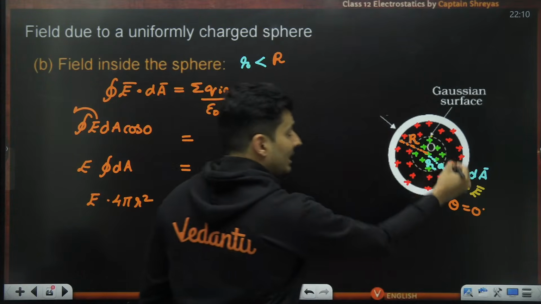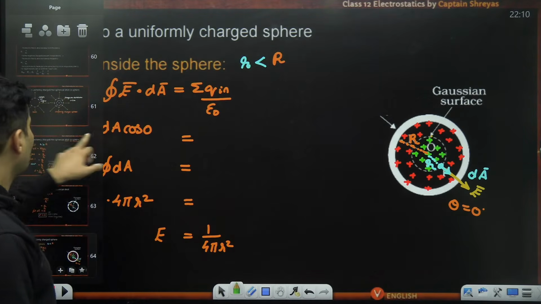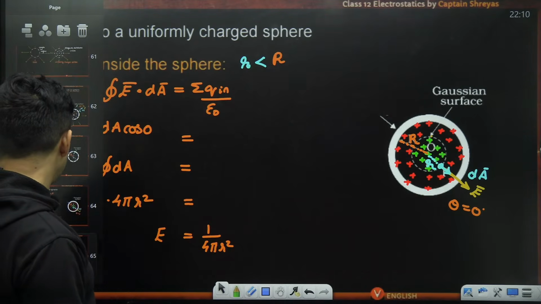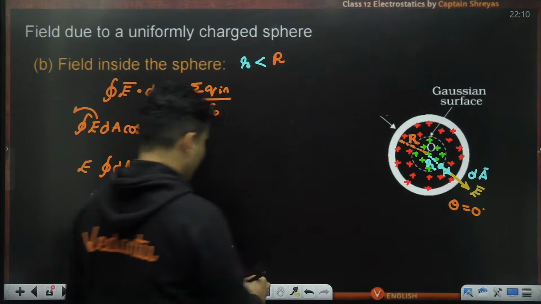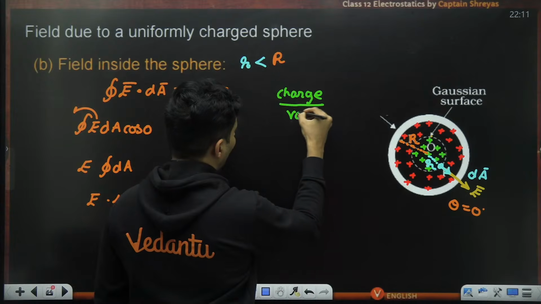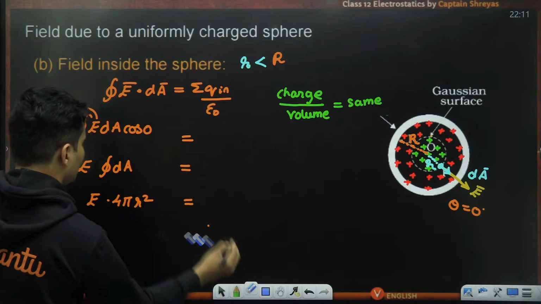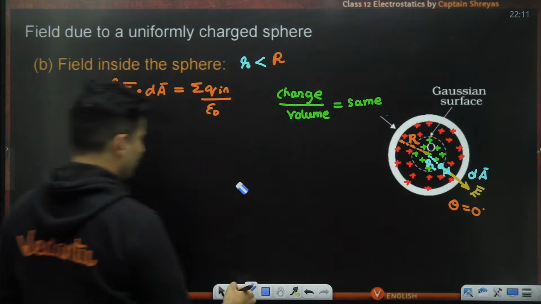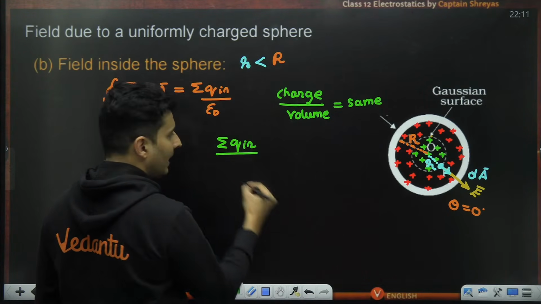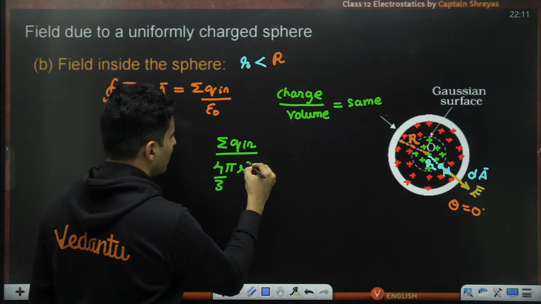We can use this logic that the density of the charge is the same. It is a uniform charge distribution. The charges are distributed uniformly. So if I say the charge per unit volume is going to be the same, in this part, the charge is whatever charge is inside divided by this volume, which is 4 by 3 pi r cube.